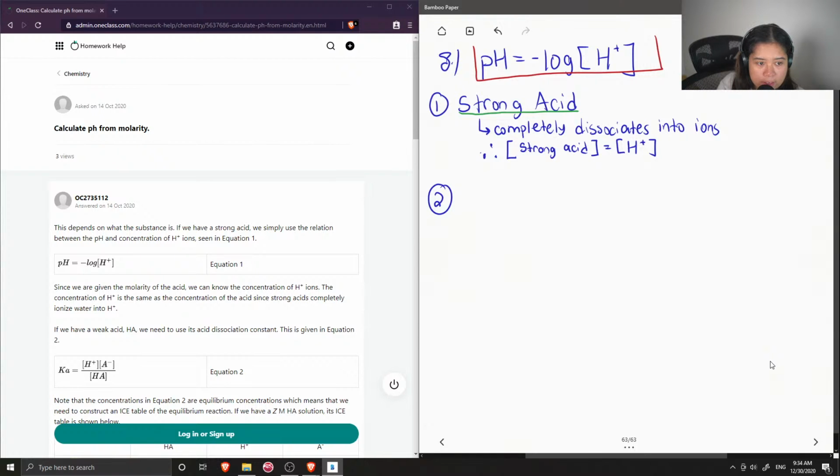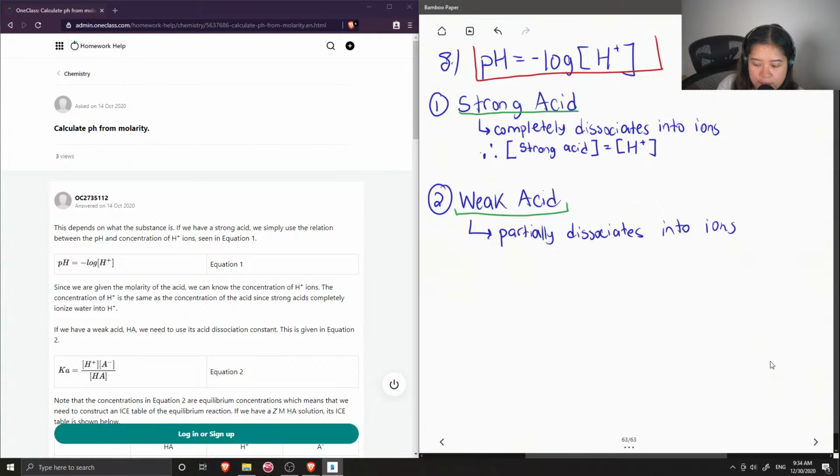So the second scenario is if we had a weak acid. Weak acids only partially dissociate into their ions.